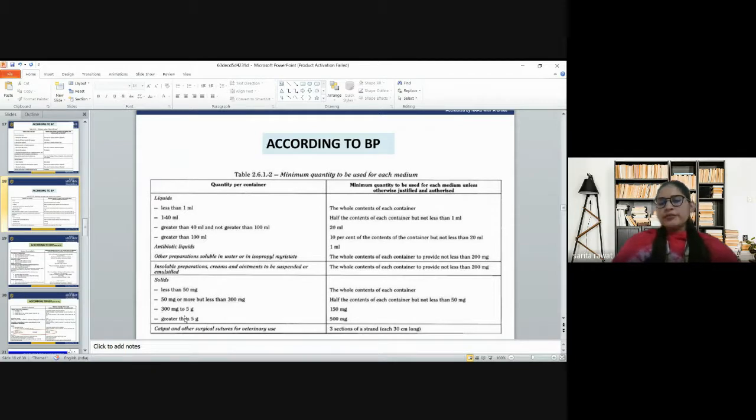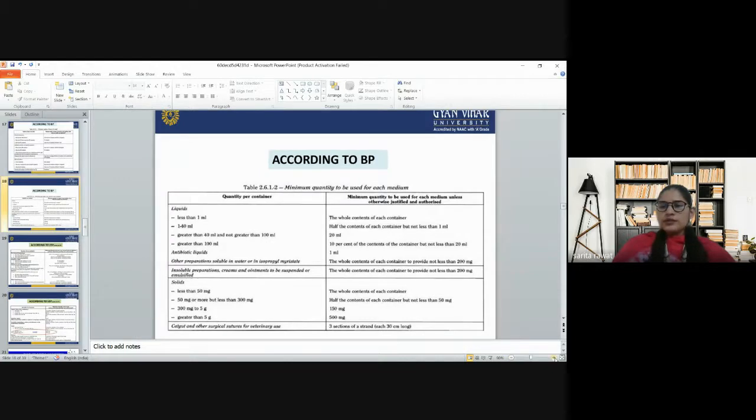For greater than 5 g, we have to test 500 mg. Then for surgical sutures for veterinary use, we have to select three sections of a strand, each 30 centimeters long. So this is according to the BP for solids, liquid, and veterinary use.